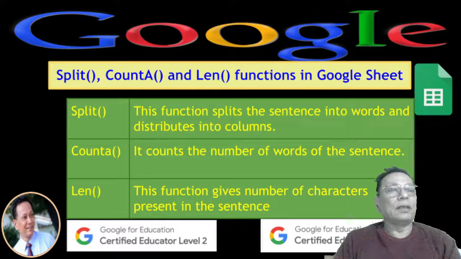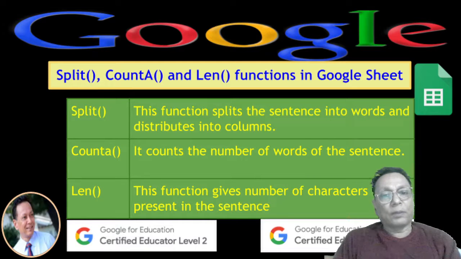Sometimes there is a dash or hyphen between the words, and we want to split those words using the delimiter hyphen, or sometimes where full stops are there, and we want to split those words using delimiter full stop.